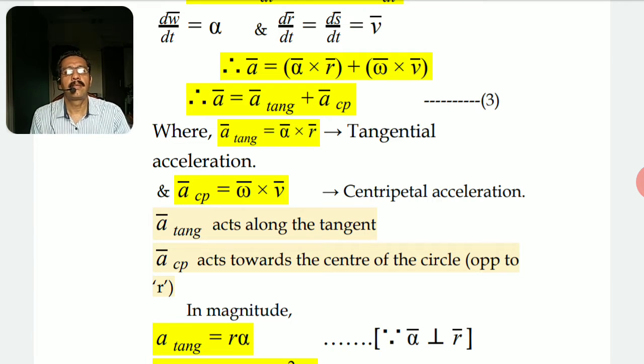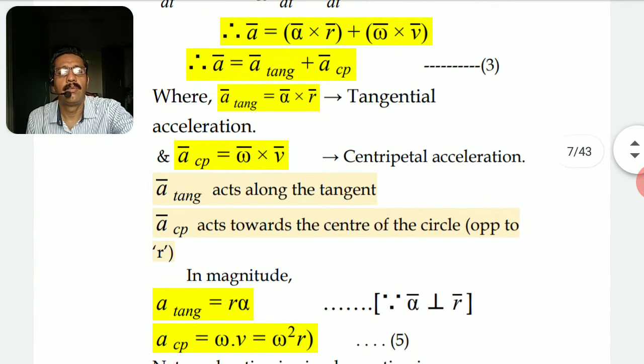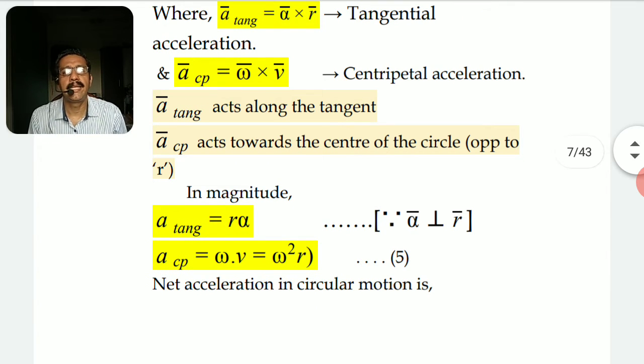Whereas the other quantity, omega cross v, is equal to your centripetal acceleration, that v is equal to r omega. If you use it, it will give you omega squared r. So a tangential in terms of magnitude is r alpha, and a centripetal in terms of magnitude will be equal to omega v, or it's equal to omega squared r.